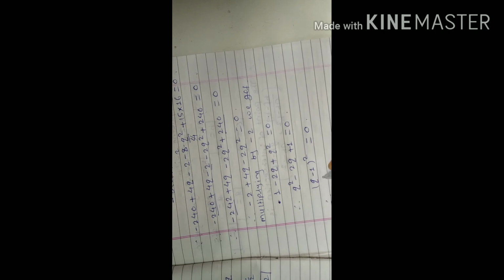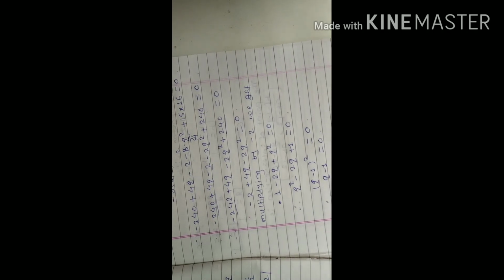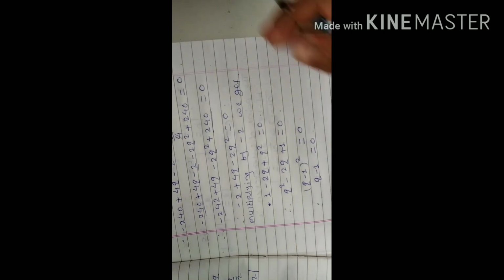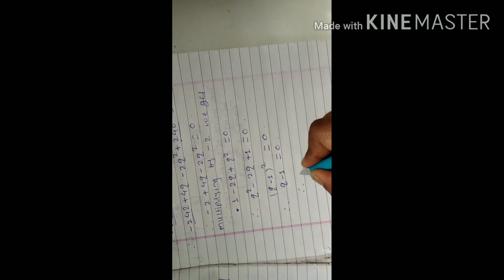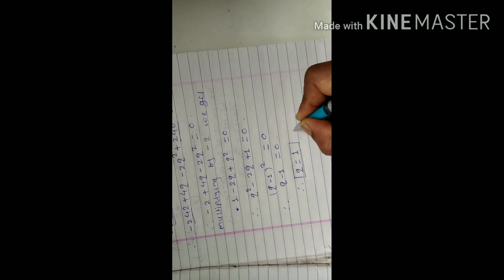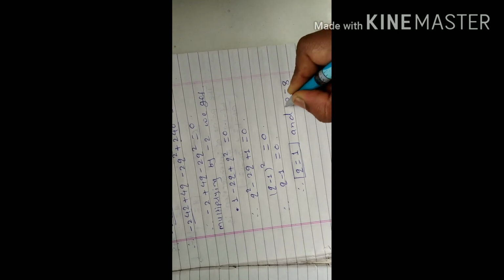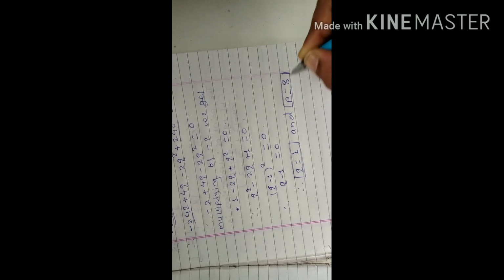Therefore we get q minus 1 is equal to 0. Therefore the value of q is equal to plus 1 and value of p is equal to 8. We get here values of p and q. Okay, we will stop here.